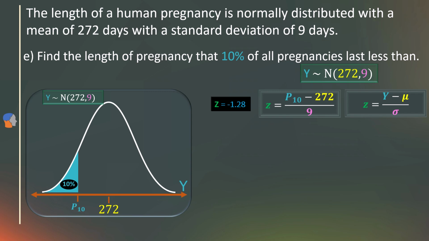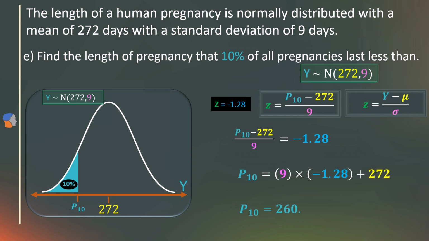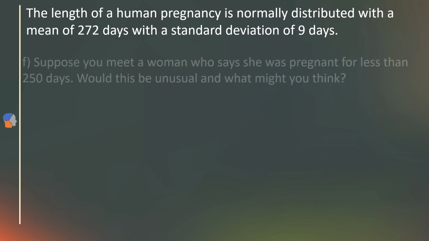Now we know these two z values. That means the z value from the table and the z value from the formula must be the same. Therefore, make them equal and solve for P10. So P10 is 260.48. So that is the answer for this part E.